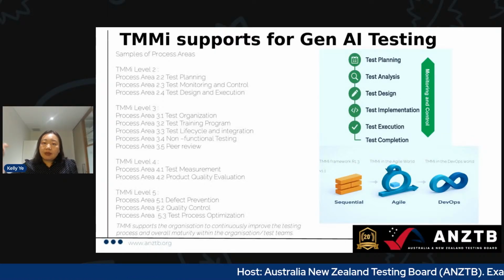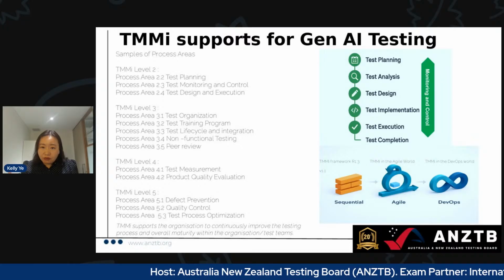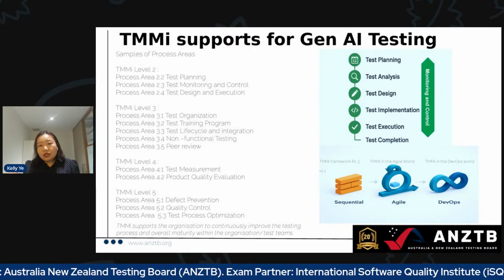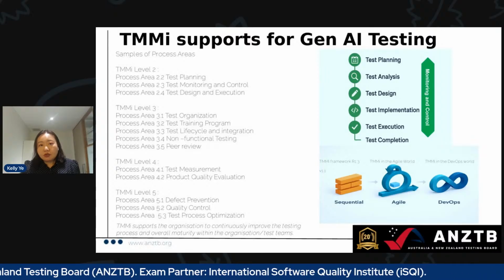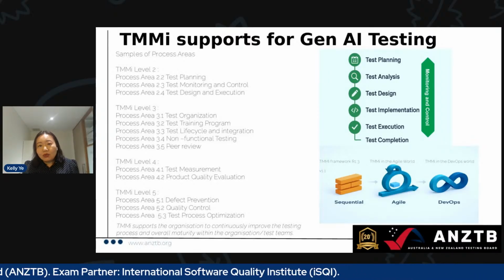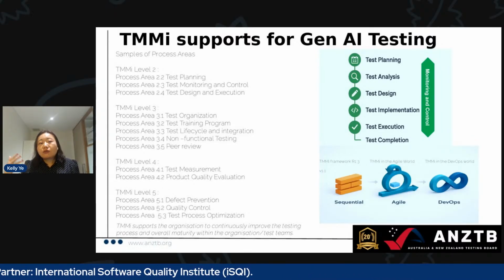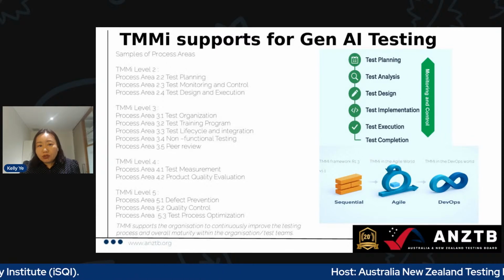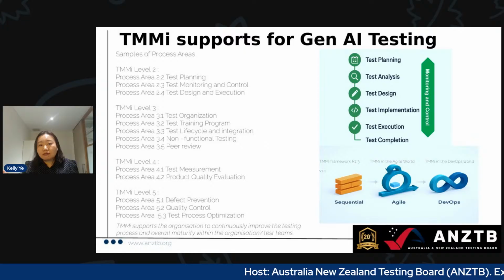In TMMi levels 3, 4 and 5, you can see the more mature we are, the more we use Gen AI tools not only to create test cases, but to increase our quality. We try to see the product quality from the metrics. So level 4 is measurement.